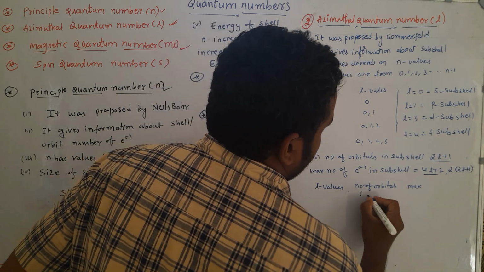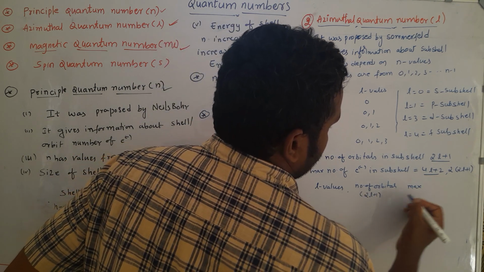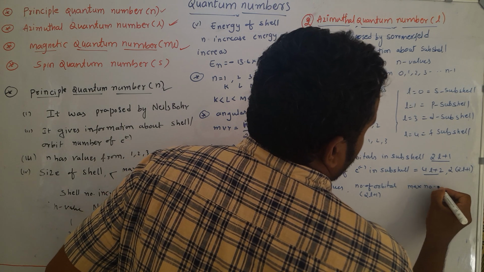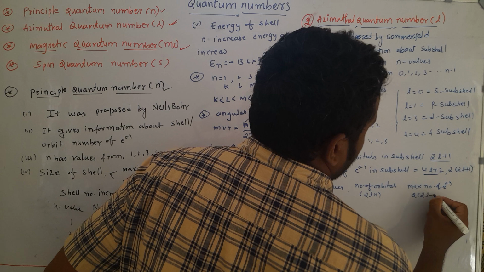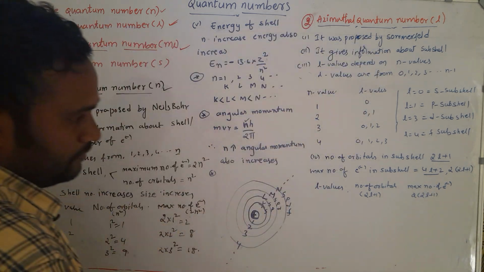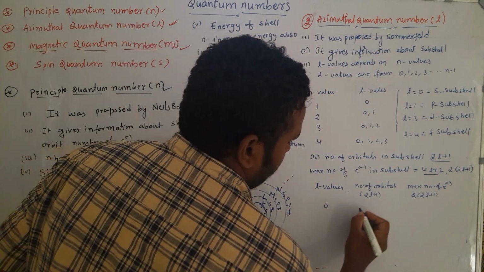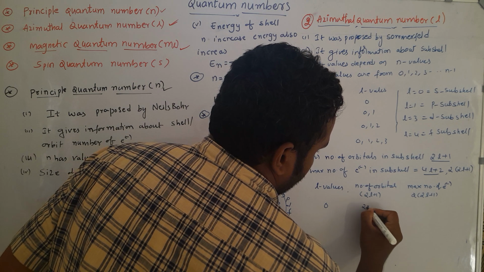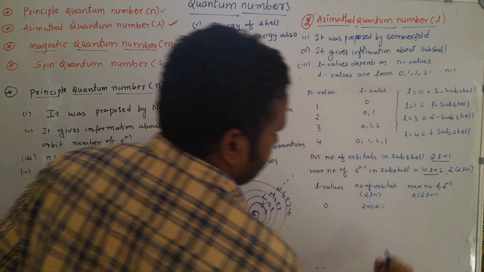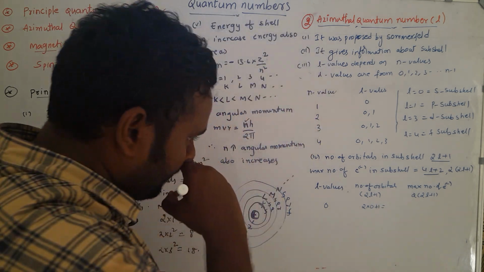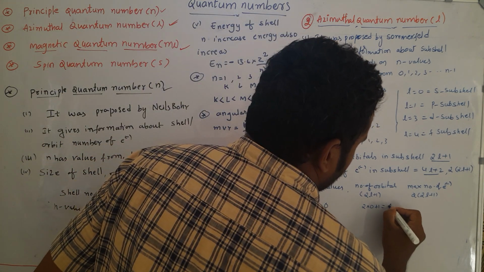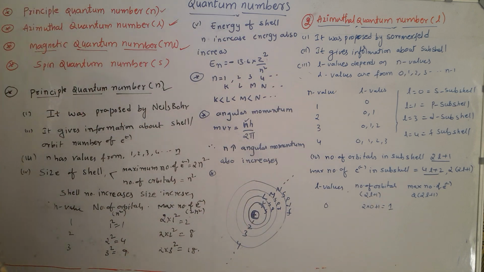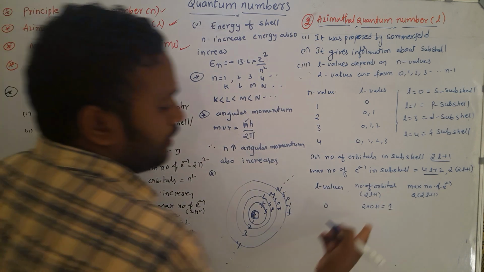Number of orbitals formula 2L plus 1, maximum number of electrons formula 2 into 2L plus 1. So here L equal to 0 means 2 into 0 plus 1, that is equal to only 1, which means the S subshell contains only one orbital.